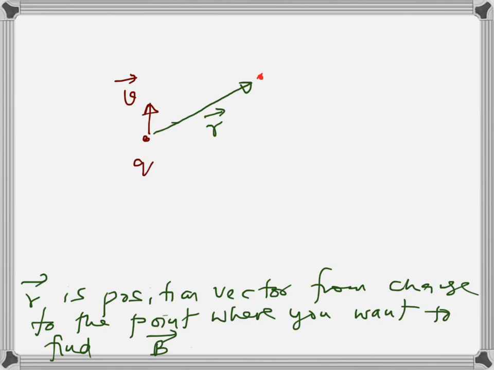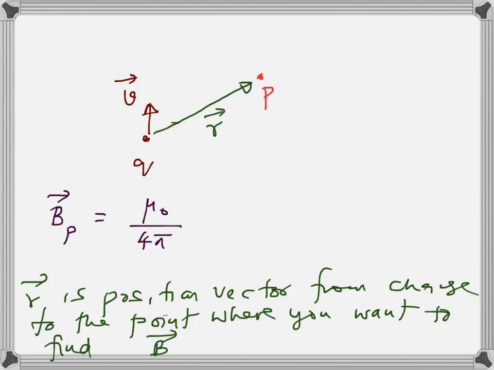So the law says magnetic field at that point P, I call that point P, so let me show it with red color only, because I have shown the dot with red. So the magnetic field at point P, now I am writing the law. The magnetic field at point P is given by mu naught by 4 pi. You see, now we have got a constant which is similar to Coulomb's law.